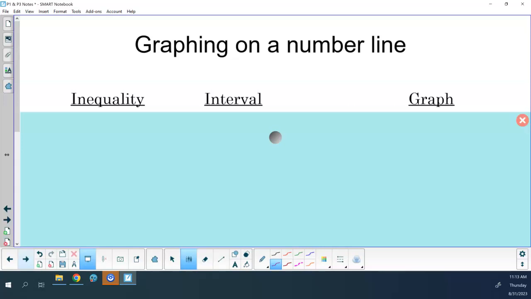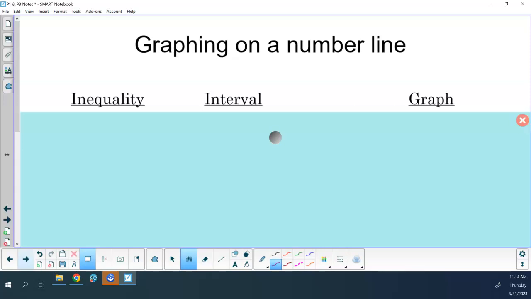Then we've got possibly a new or not as familiar concept called interval notation. It's the same as an inequality. It's just written much nicer and neater and cleaner and prettier. And then we have a number line graph for it.